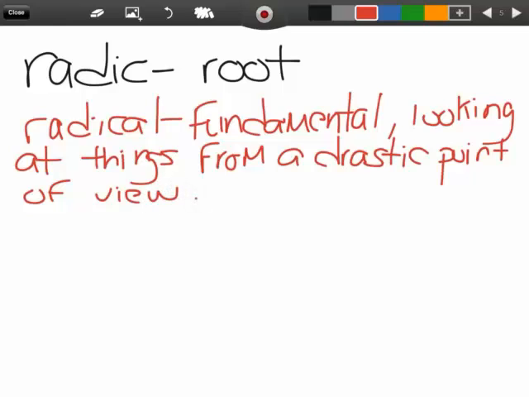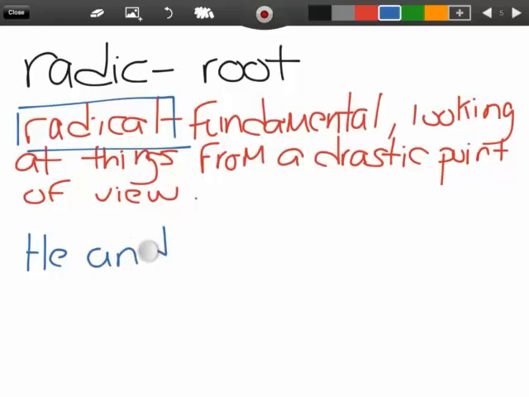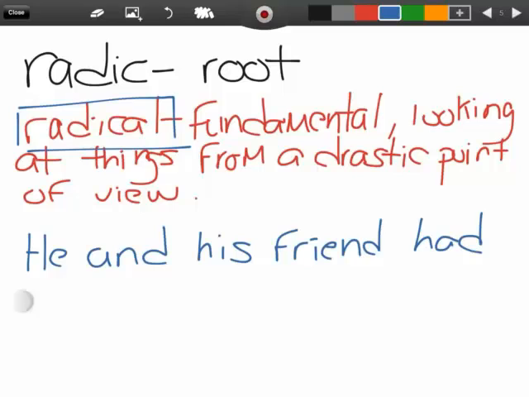I'm going to go ahead and use radical in a sentence. I'm going to go ahead and read that to you. He and his friend had radical ideas.